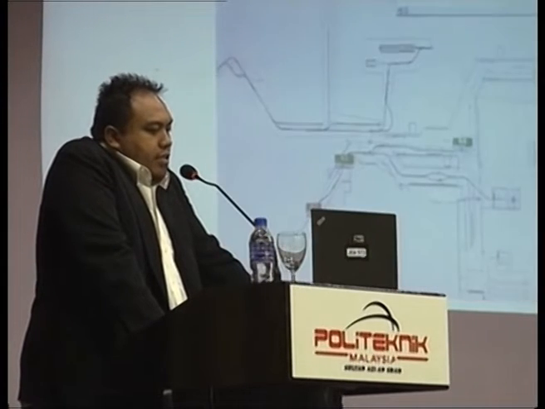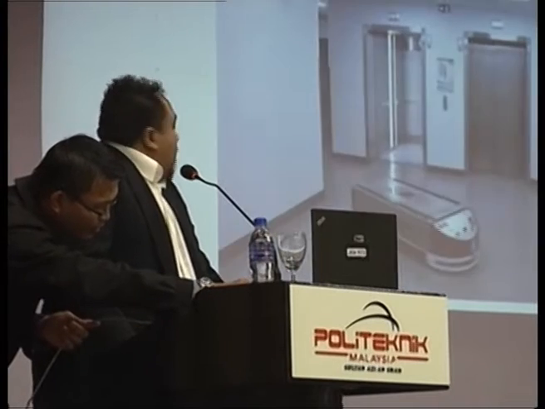They are automatically programmed and do all of the tasks in the industry. This one is carrying some loads from one place to another in the factory. This type of vehicle is called an automated guided vehicle, or AGV.